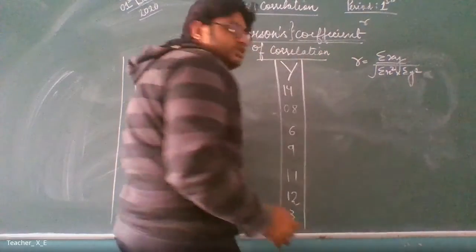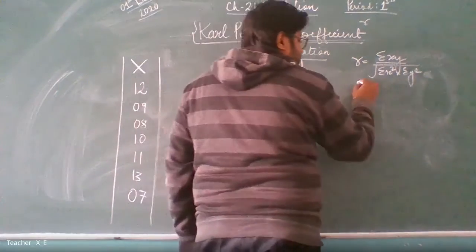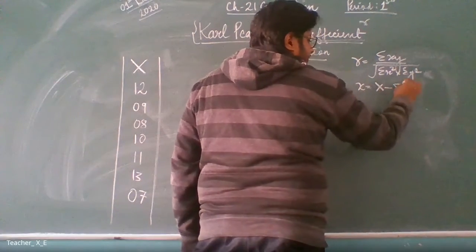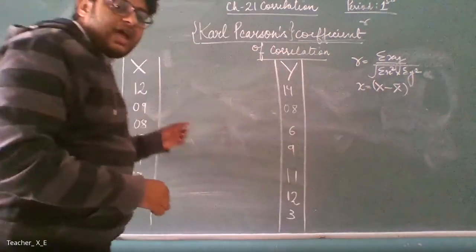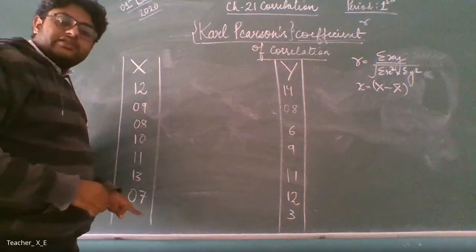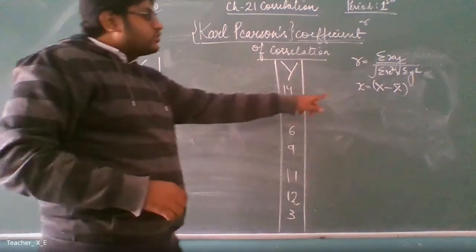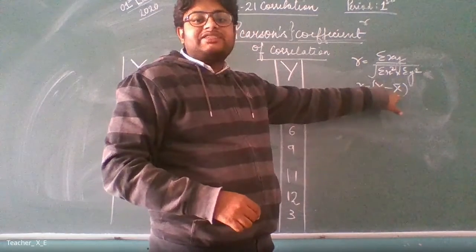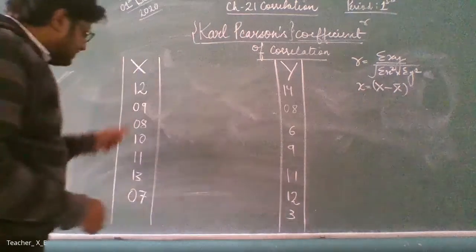So what is small x? Small x is nothing but x minus x bar. Various x have been given in the question, so to know the small x, we should know the x bar, that means the mean of the x series.